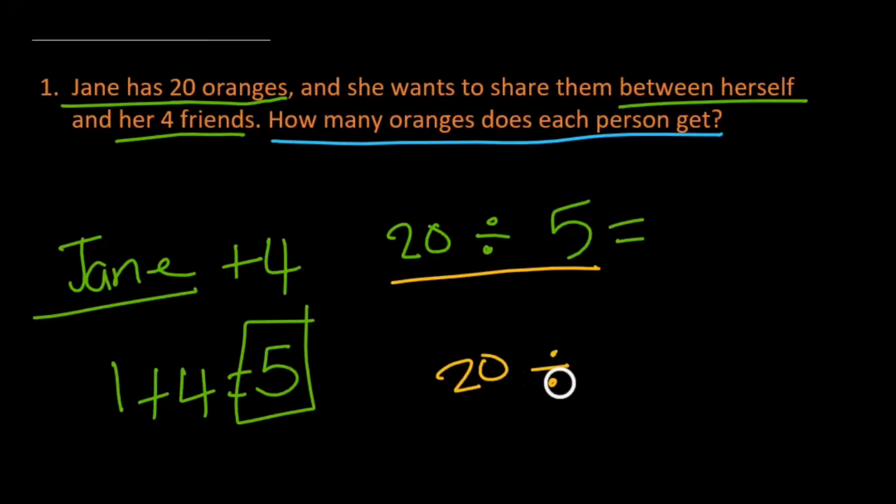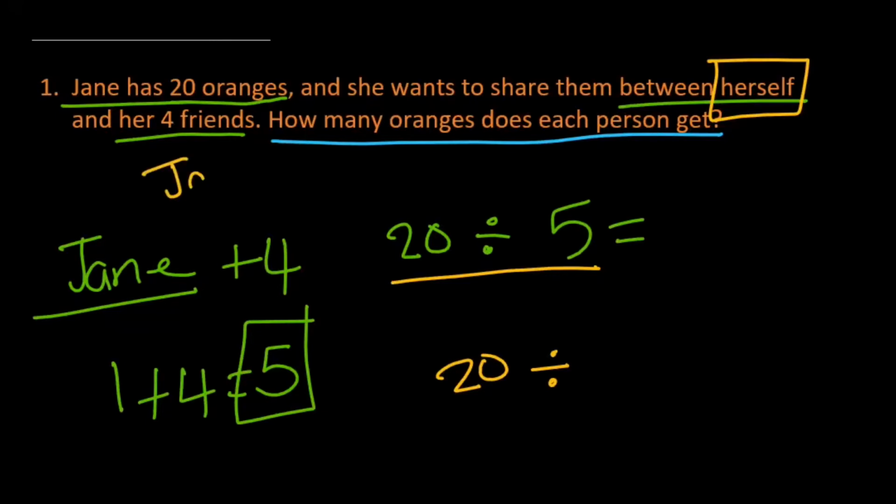But we have 20 divided by 5. And if you're wondering how I got 5, that's because she said between herself. Herself is a key word here, or we would be only dividing it by 4. No, it's not just 4. Herself is a main keyword here. Herself and her 4 friends.